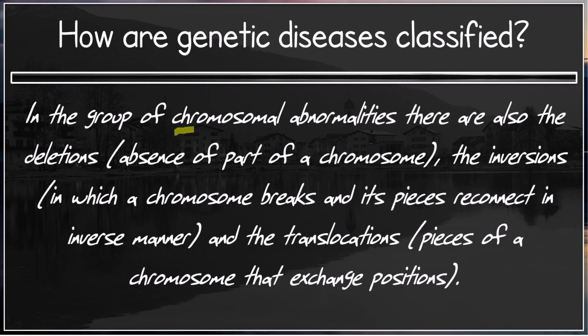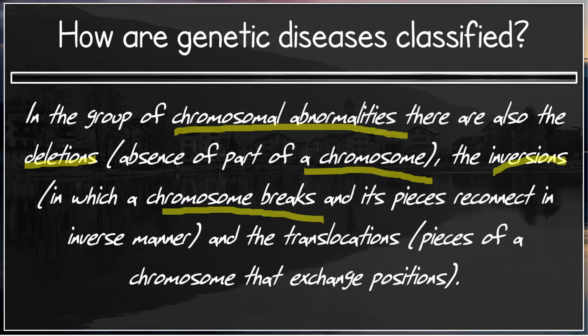In the group of chromosome abnormalities, there are also deletions, absence of part of a chromosome. The inversions, in which the chromosome breaks and its pieces reconnect in the inverse manner.